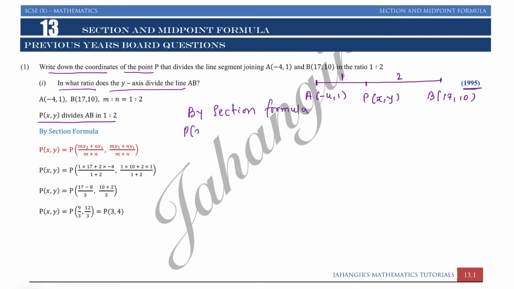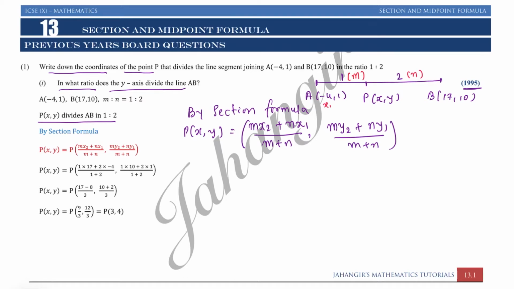P(x, y) is equal to, we know the formula, let us write the formula also: mx2 plus nx1 upon m plus n comma my2 plus ny1 upon m plus n. So if you see, this is m, this is n.